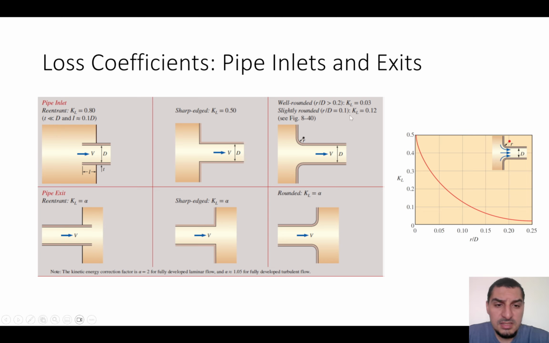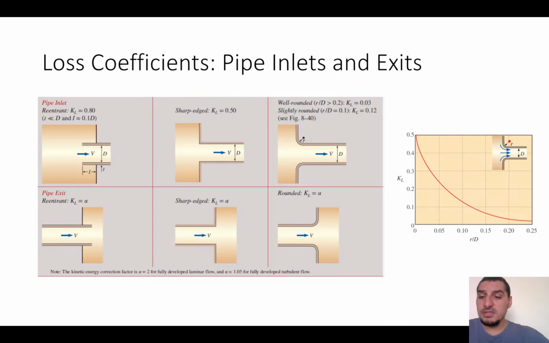But here, let's check for r over D equal to almost 0.2. You see, it almost asymptotes here, the value doesn't change that much. It's around 0.03. If it's, let's say, 0.1, KL is around 0.12. So you can just use the chart if you want. So this is the case of the pipe inlets.